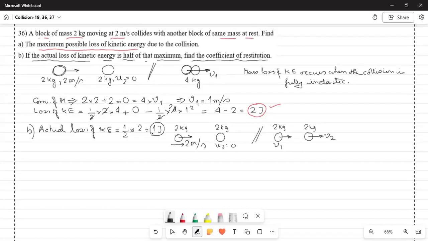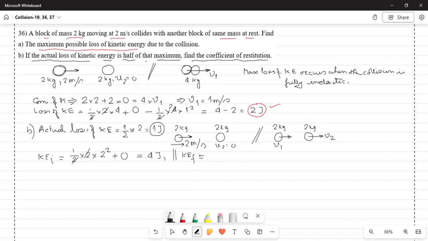So let us calculate the loss of kinetic energy. The initial kinetic energy is half, m is 2, its velocity was 2, so 2 square, and the second body was static at 0, so the initial kinetic energy is 4 joule. Now we find the final kinetic energy.